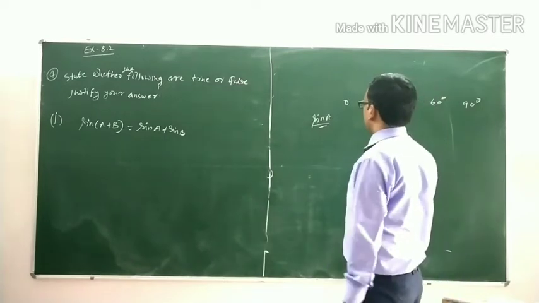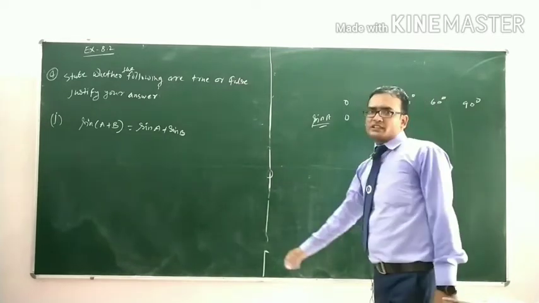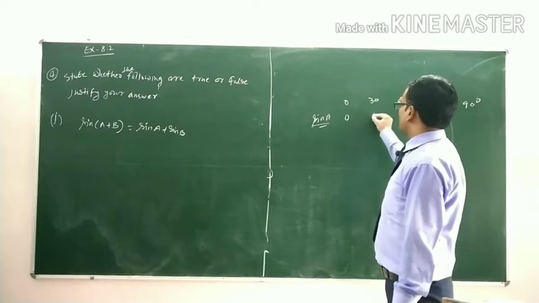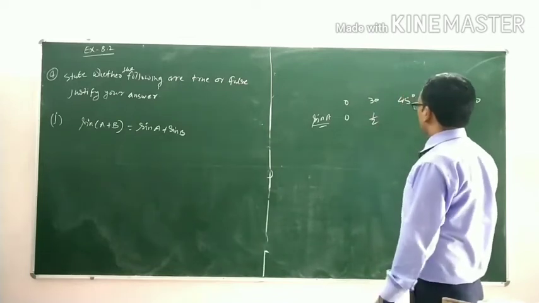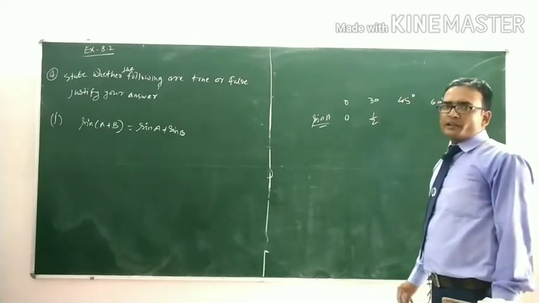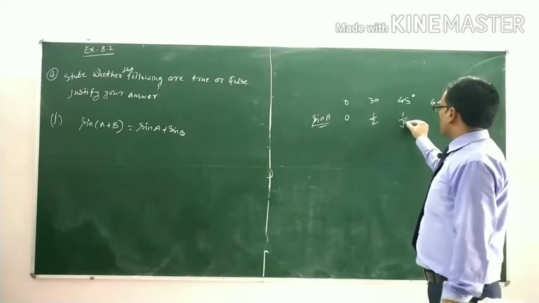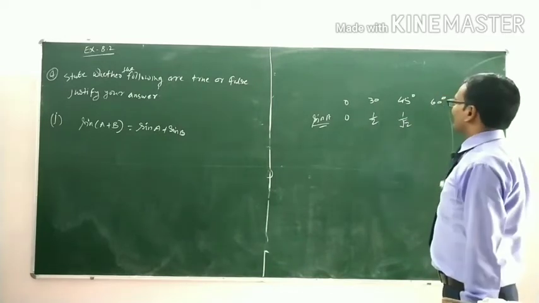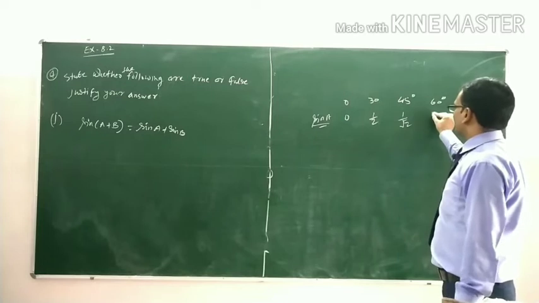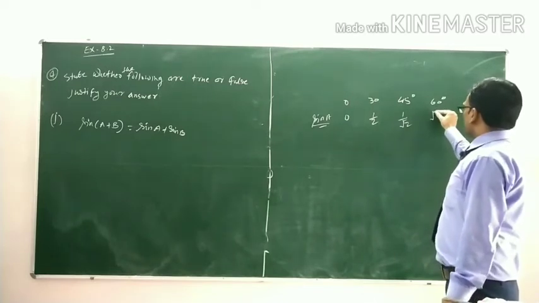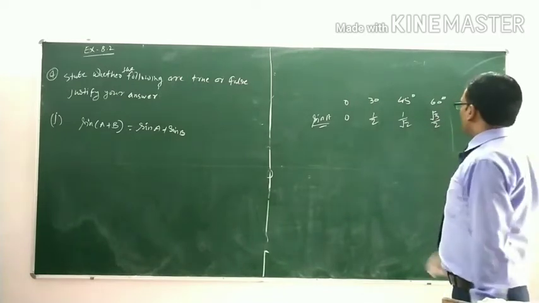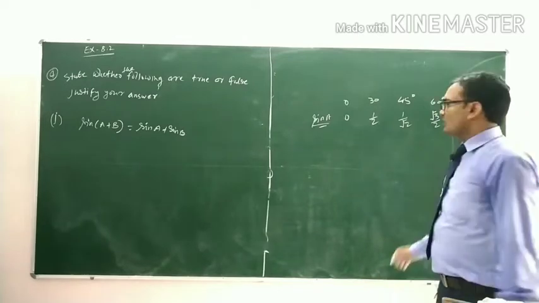What is the value of sin 0? The value of sin 0 is 0, the value of sin 30 is 1 by 2, the value of sin 45 is 1 by square root 2, the value of sin 60 is square root 3 by 2, and the value of sin 90 is 1.